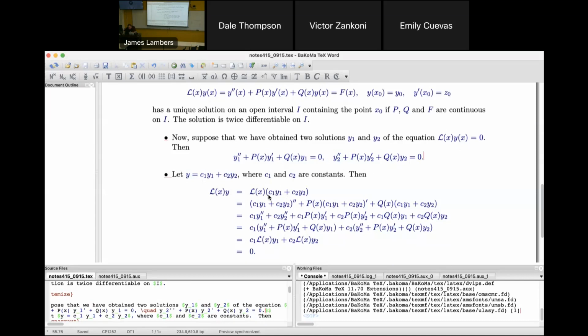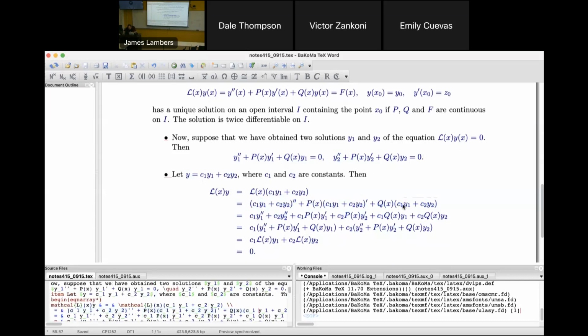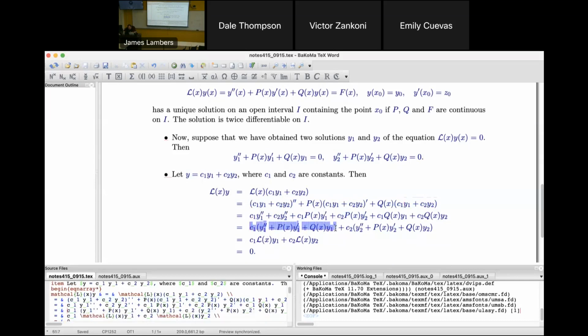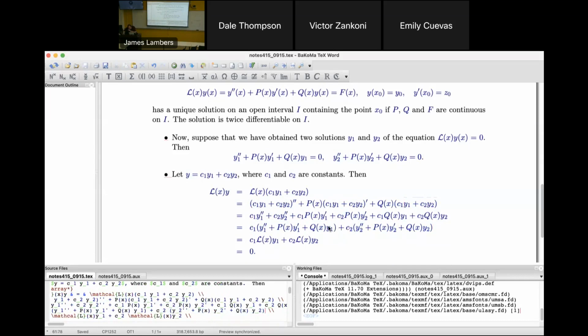And because the differential operator L is linear, and differentiation in general is linear, I can write this out. If I gather all the terms involving C1, I get this part, and then gather all the terms involving C2, and I get this part.